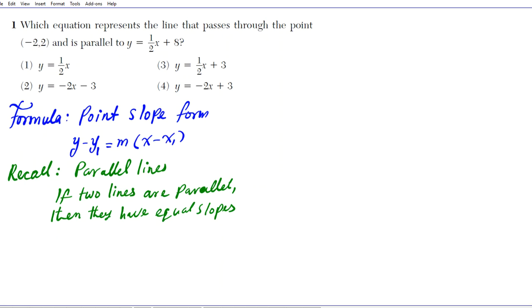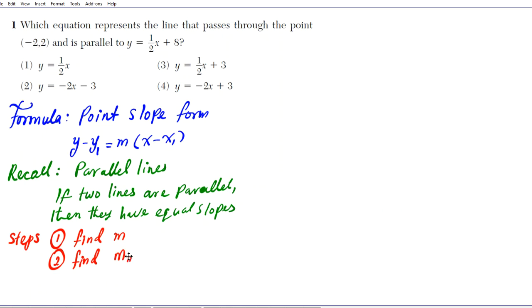Alright, so these are the steps that we're going to be using to generate the equation of the line. First of all, we're going to find the slope of the given line, the line with the given equation. And then next we're going to find the slope of the second line.